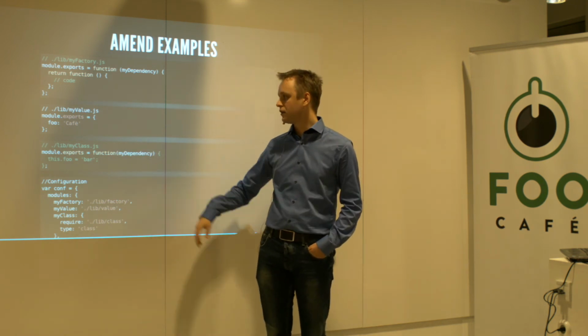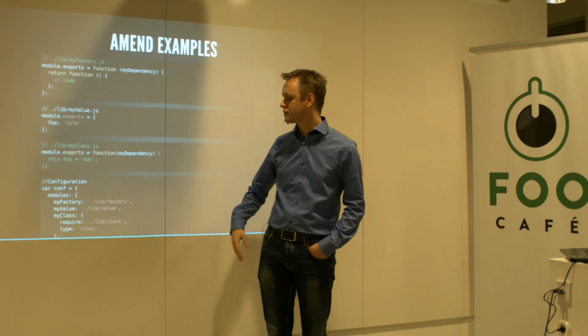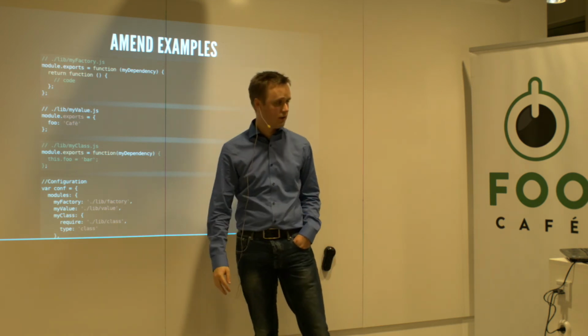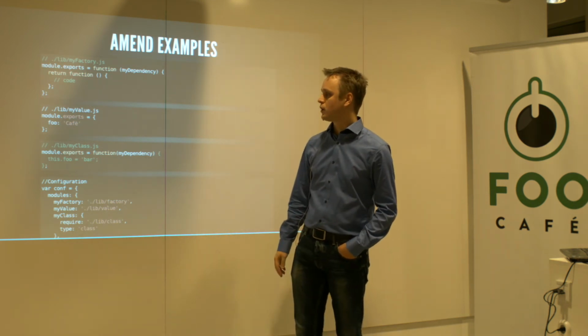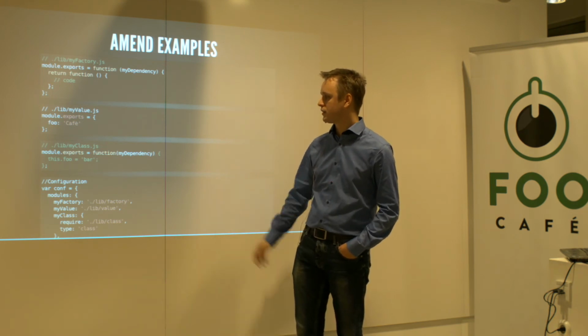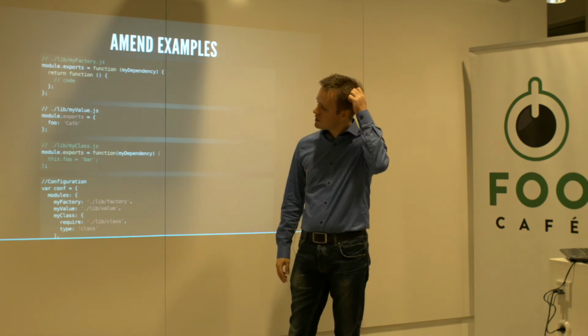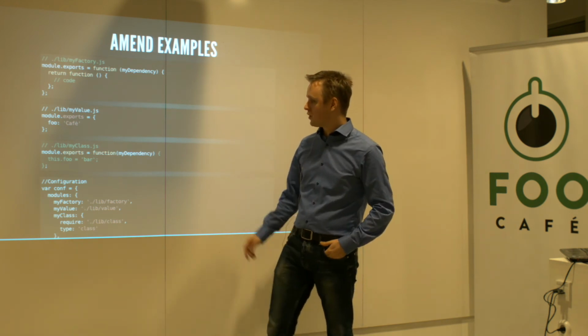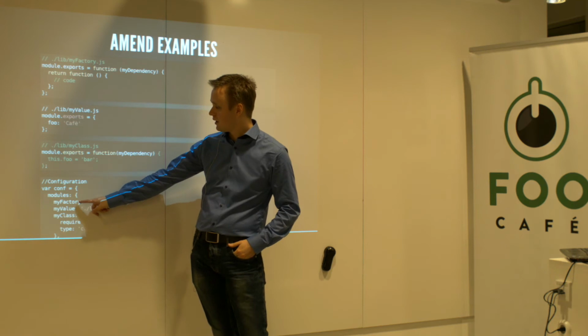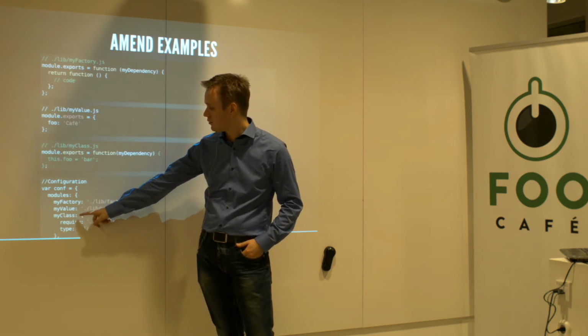But a class or a constructor is also a function, so there's no way to distinguish them by just looking at what's returned. So here you have to say that it is a class. And so here we have these three modules: my factory, my value, my class.